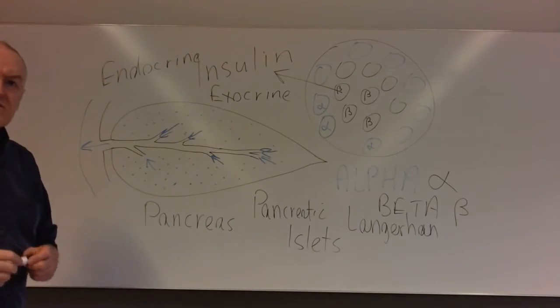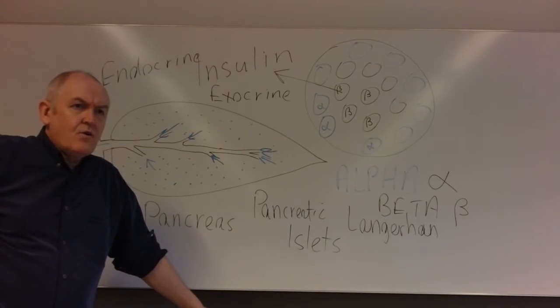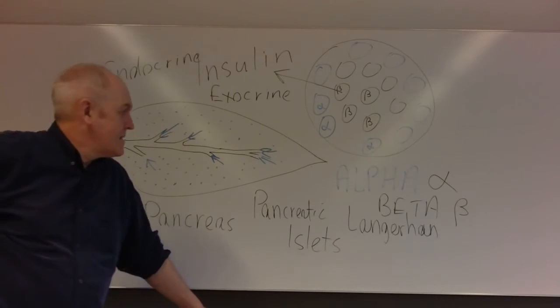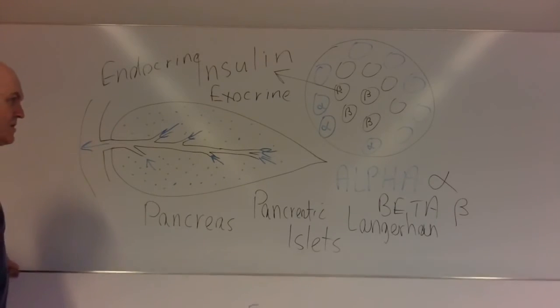So the beta cells are endocrine. They are releasing the hormone insulin directly into the blood. So we've now got more insulin in the blood, which is good, but so what?